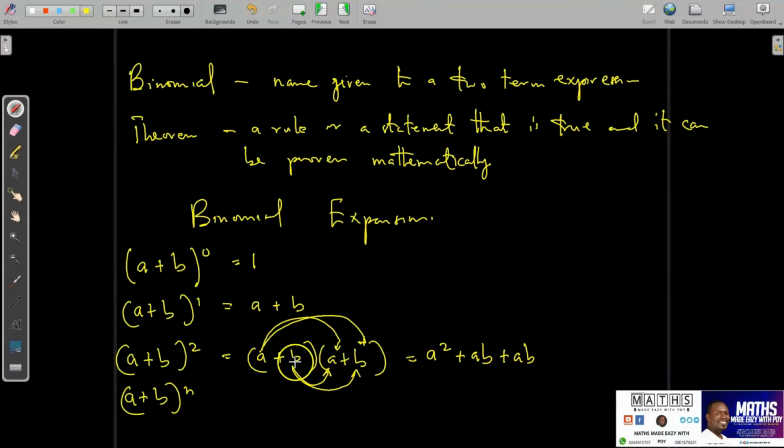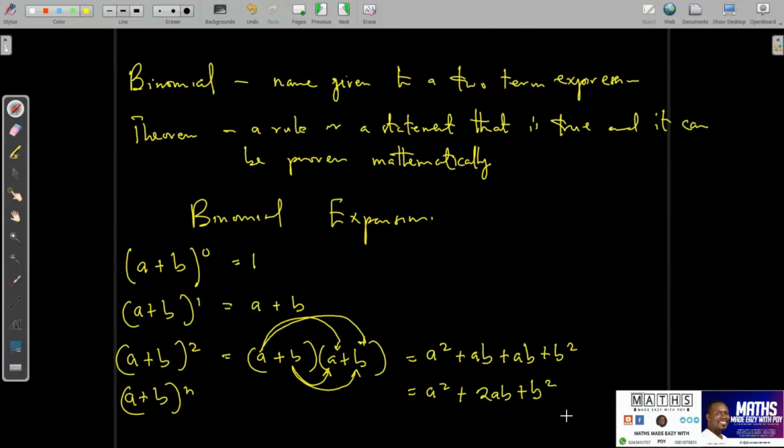So even though it is b multiplying a, you write it as ab. And finally, b times b will give us b squared. Now, there are like terms in there, so we can go further and simplify. That is going to give us a squared plus 2ab plus b squared. So this is what we have for the expansion of (a + b) to the power 2.